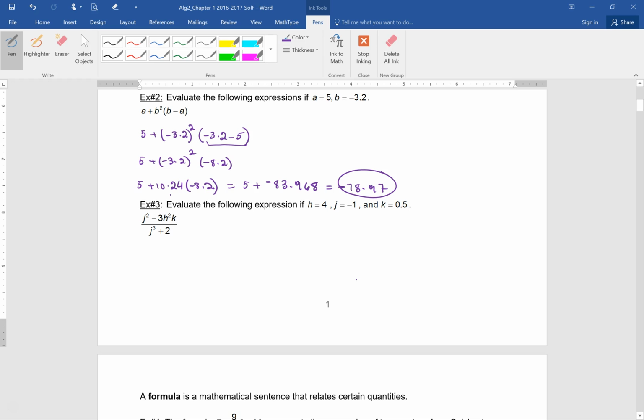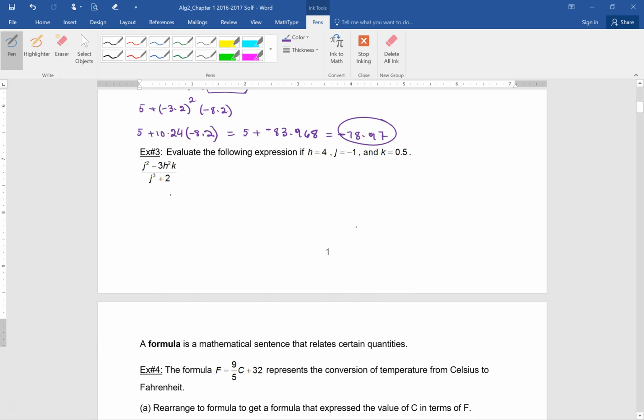Oh, right. Okay. So here we have a fraction bar, and I keep that fraction bar. Now, j squared, that's negative 1 squared, minus 3h, 4 squared, times k, over j cubed, negative 1 cubed plus 2.